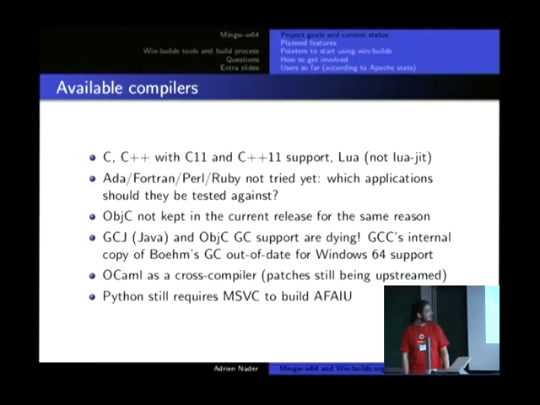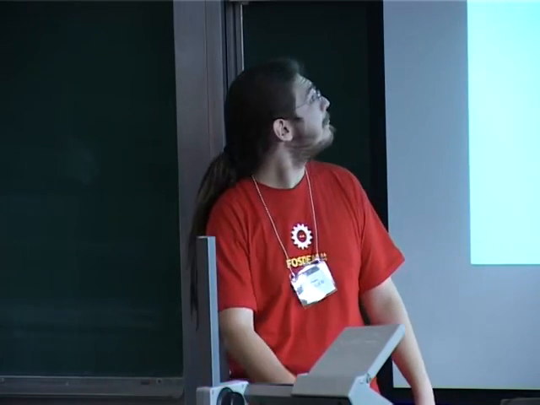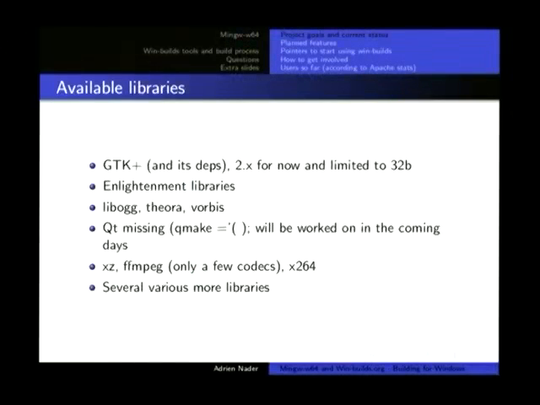Yeah, I've also been working on an OCaml cross compiler. For Python, I think they still require MSVC to build. At some point they don't handle Mingw, but they're working on it. So that could come by the end of the year, actually. Okay, so status again: you can run GTK apps, but only 2.x for now, and you only have 32-bit support.